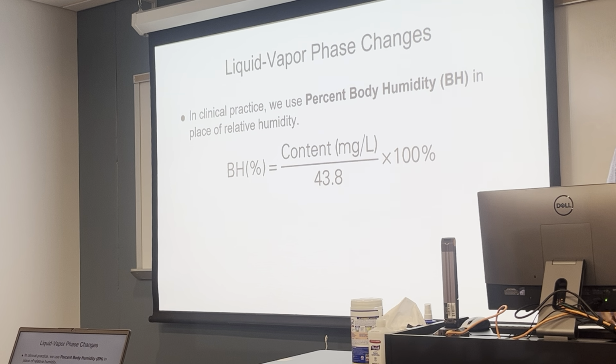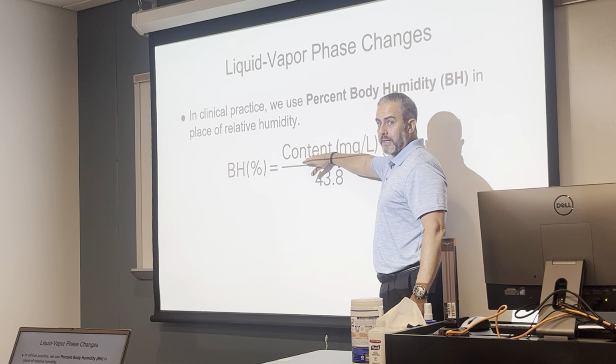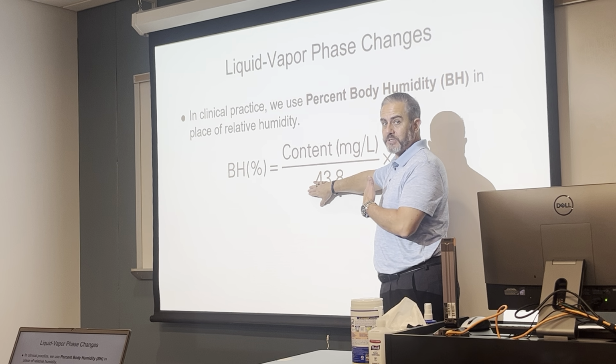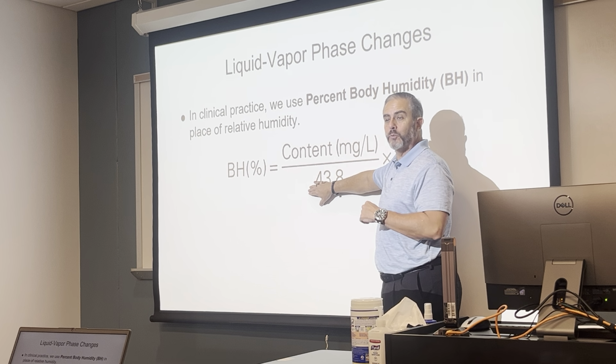So the formula is still the same, content divided by saturated capacity times 100, except when we say body humidity, we know what the body requires is that 44 number. The body requires how much moisture? 44 milligrams of water per liter of gas. So when we use the term body humidity, we already know the 44 is here.